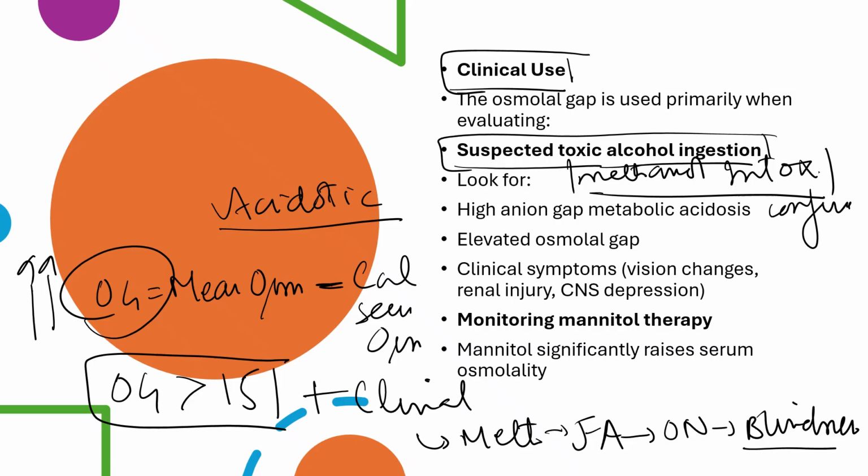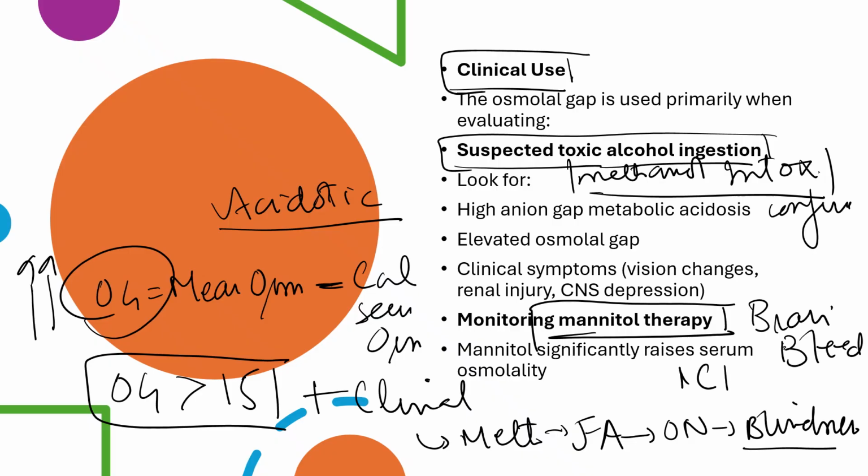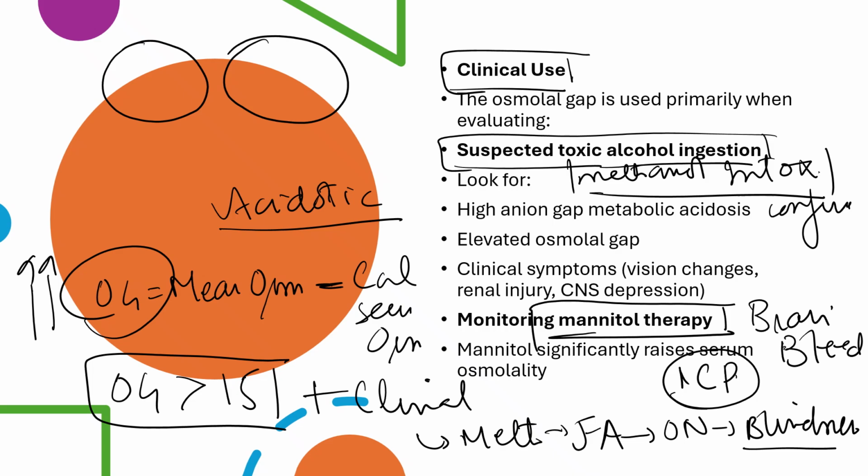The other example is mannitol therapy, which we sometimes use in brain bleed patients, especially if they have high intracranial pressure. So in this example, let's say you have brain cells which have swelling, and you are giving them mannitol. This is a blood vessel.